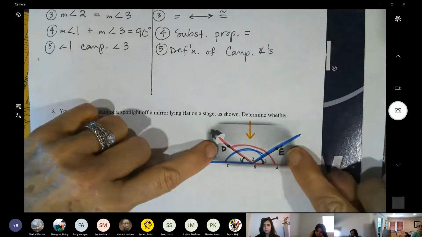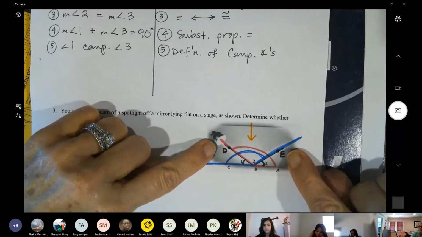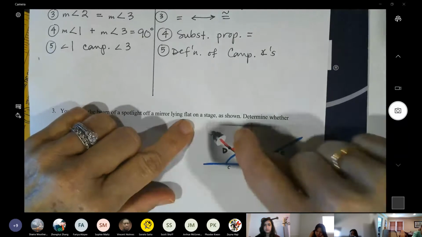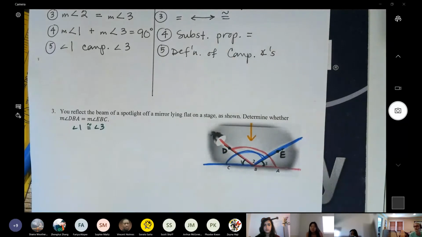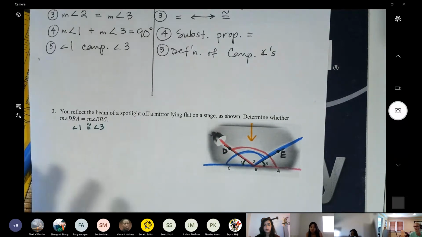If you know that these two are equal, and this plus this equals this plus this, couldn't you subtract angle 2 from both sides and then you get what you want? Or maybe you could add angle 2 to both sides and get what you want. And it's your job to just be staring at it going, yeah, okay, I can see how this works.